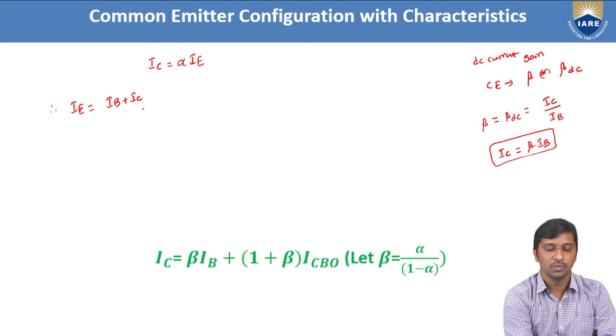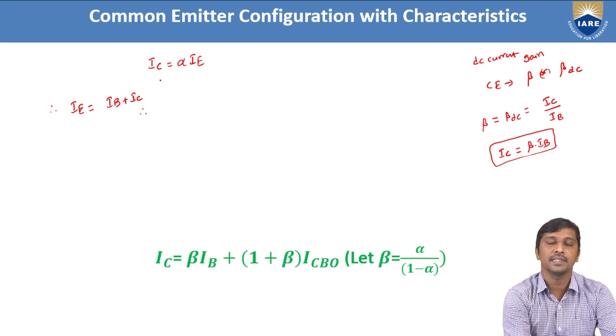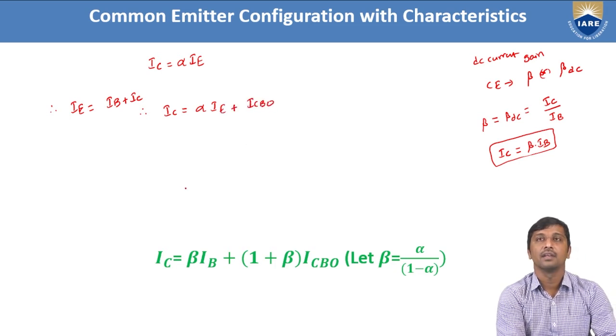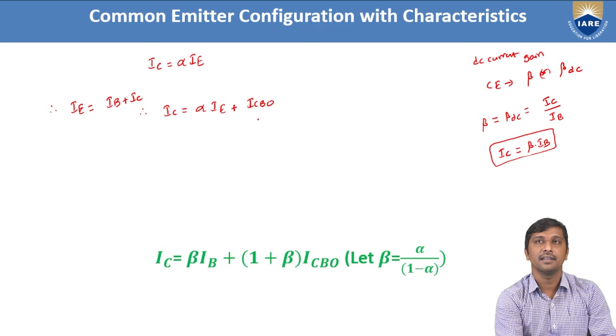And if you want to write the standard or generalized current expression in terms of reverse saturation current from the common base configuration, IC is represented as alpha times IE plus ICBO. ICBO indicates the reverse saturation current when the collector base junction is open circuited, or the reverse saturation current when the collector base junction is reverse biased.